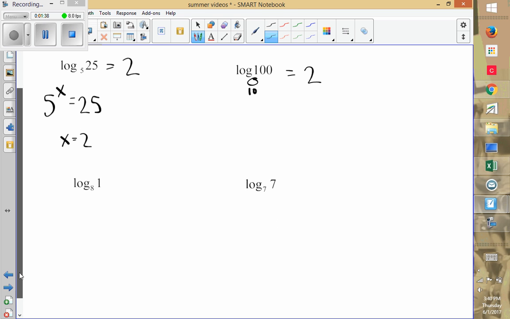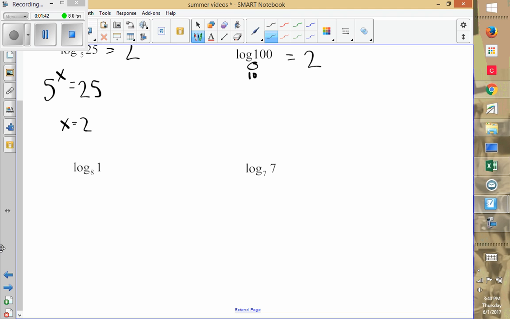A couple special ones that I'm going to give a formula for, that you will definitely want to know. If we look at this first one, if I just had log base 8 of 1, if you think about it, it's 8 to what power gets us 1? The only way 8 is going to get to 1 is if it has a 0 power.